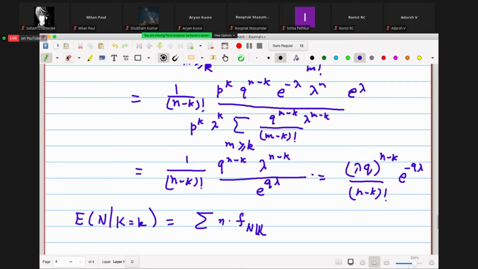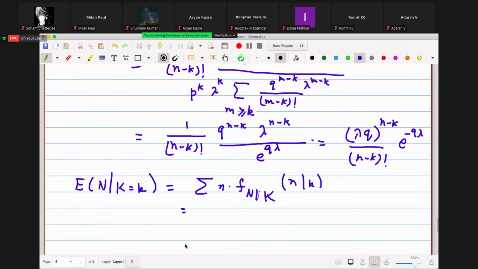I care about this because later when you read it, you will not understand. This is f of n given k, which is what we just now found out. Let us plug in the value and see what we get. Of course, summation over n bigger than or equal to 0, n times (lambda q) to the power n minus k by n minus k factorial, e power minus q lambda.